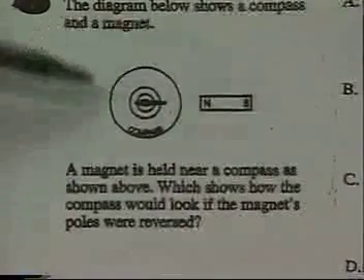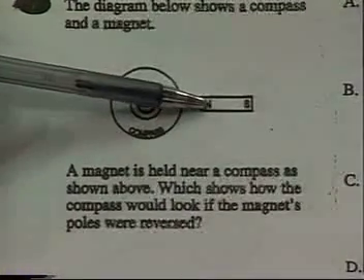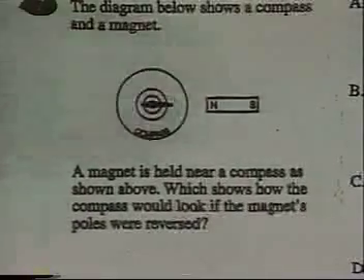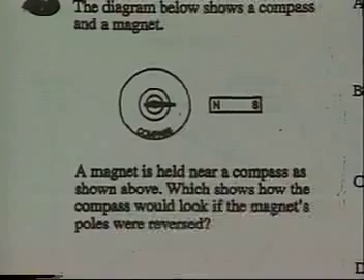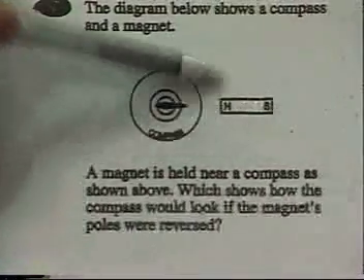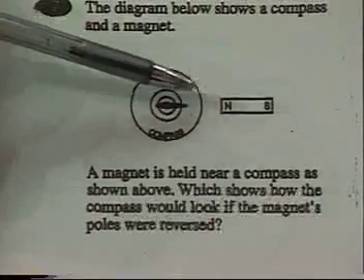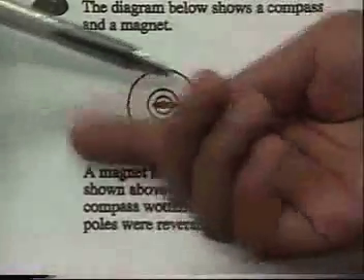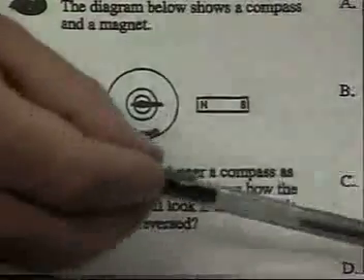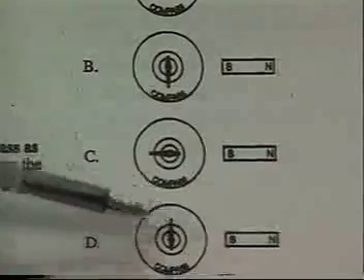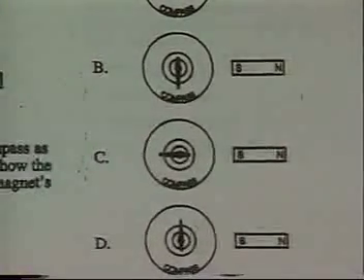So in this picture, we have a north pole here on our magnet, and that means this is really a south pole on our compass, because they're attracting, pointing to one another. If this is a south pole, and I turn this one around so that the south pole is here, what are they going to do? Repel. It's going to point off in this direction. Unless your compass is broken, it won't do this. All right, so C is the correct answer.